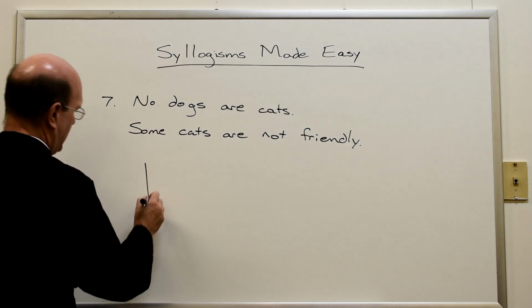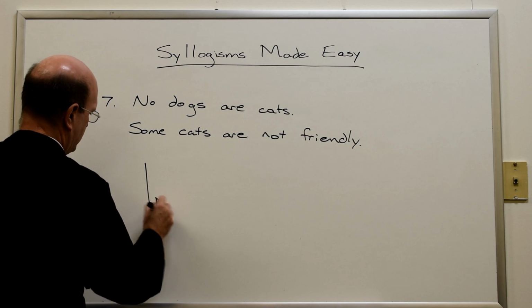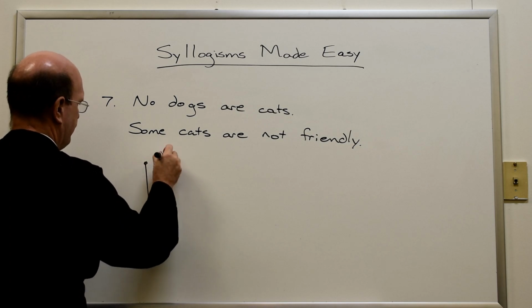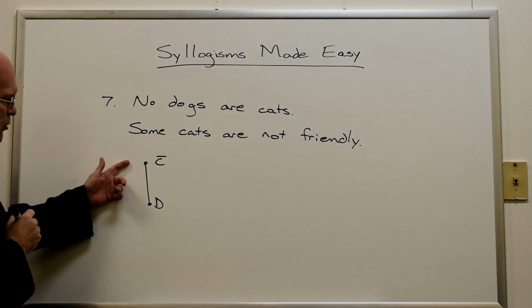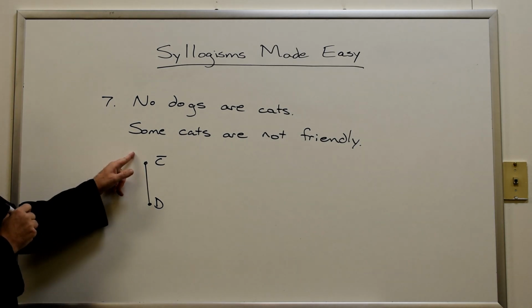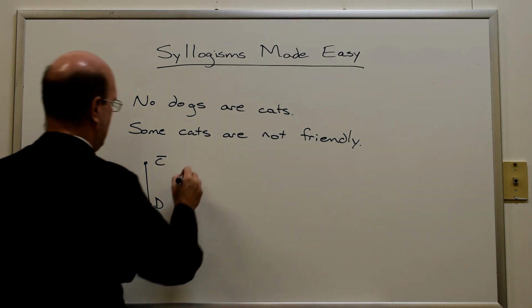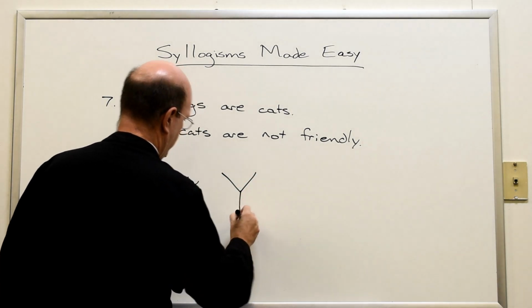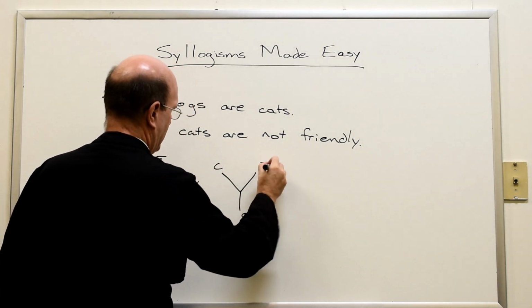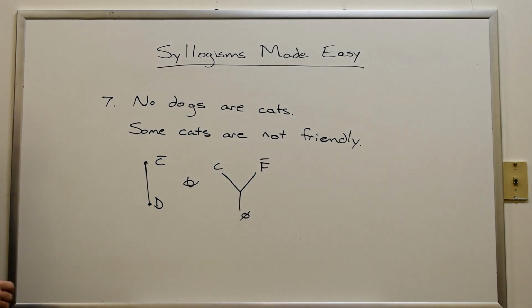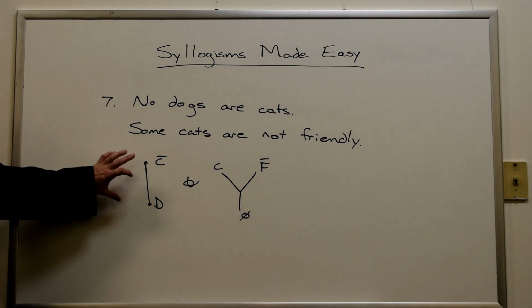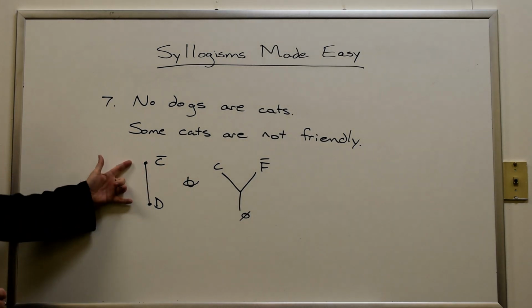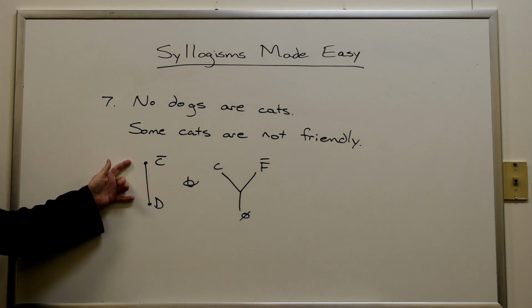So, no dogs are cats. Remember that we deal with that in that form: all dogs are not cats. And some cats are not friendly. But now there's an interesting trick here. What we can do is the contrapositive on that. Remember?